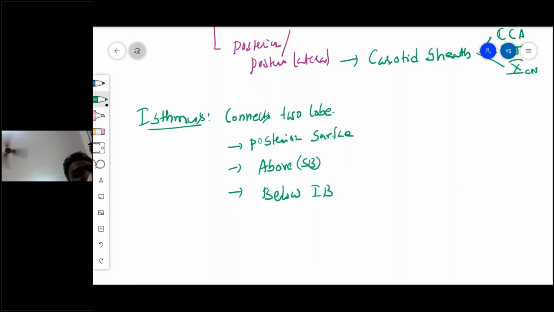The posterior surface is present in front of the 2nd, 3rd, and 4th tracheal rings. This point is important. Above, it is related to the superior thyroid artery.